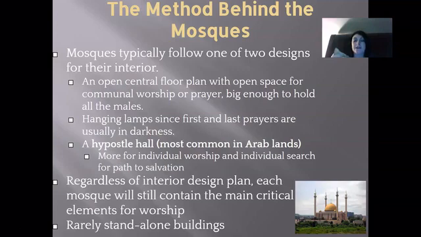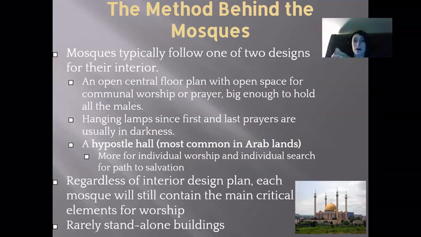So it's very common to see mosques that have that large central dome over the top and then an open floor plan focusing on that central space, big enough to hold the males there for worship. And you'll commonly also see the hanging lamps, which would be low enough to light people during their prayers. And those lights are important because typically the first and last prayers take place in darkness. So they serve a function for that.